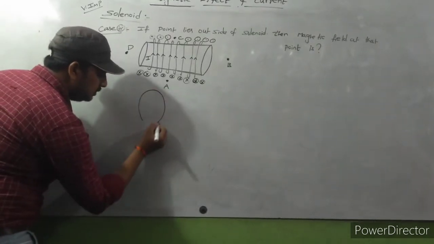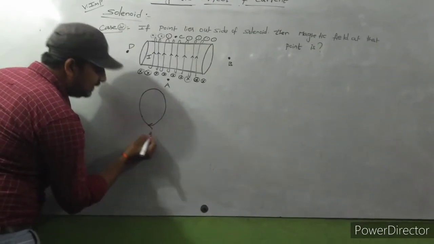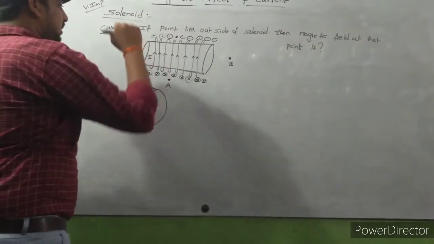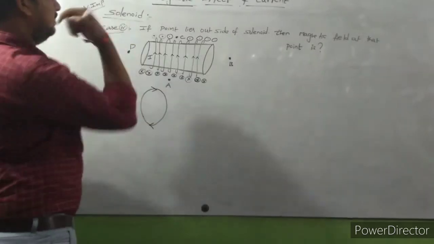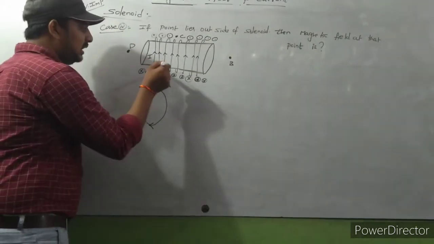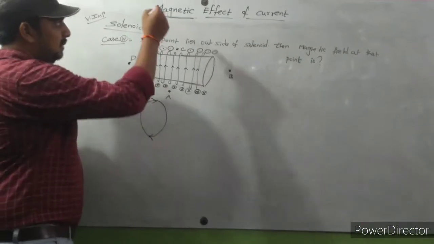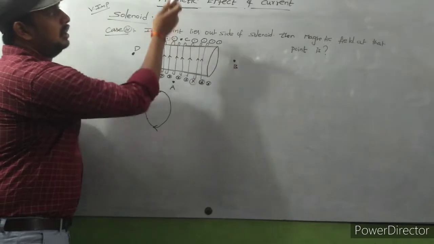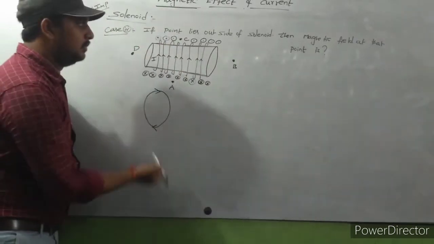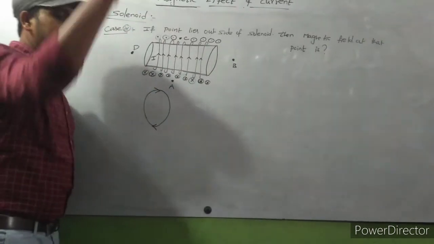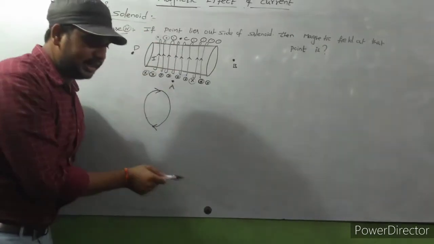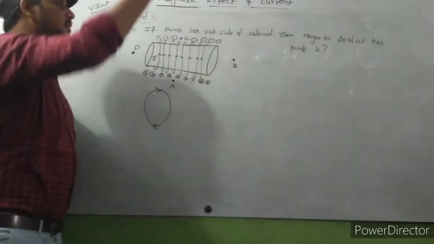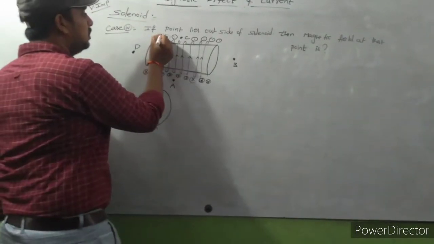Observe here. At this position it entered, at this position it is leaving. Electric current entered, it makes one round and it is leaving, like a circular shape. Downside entered, upside leaving. Entered, leaving, entered, leaving. So that's why I indicate here out of plane.